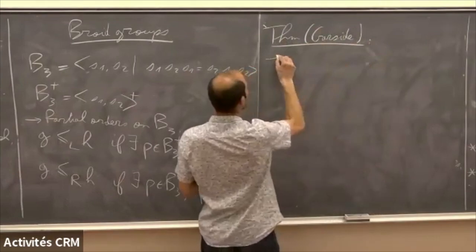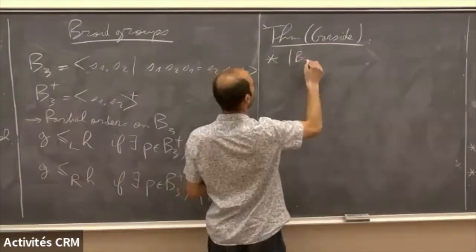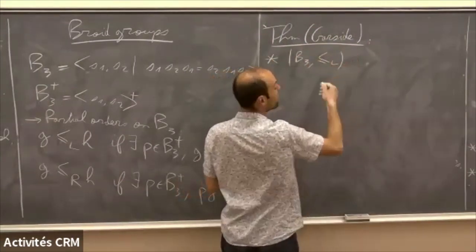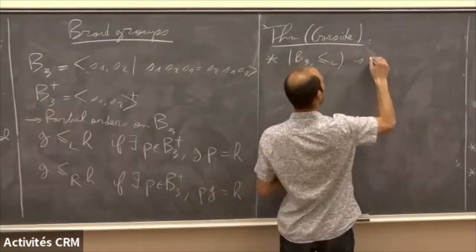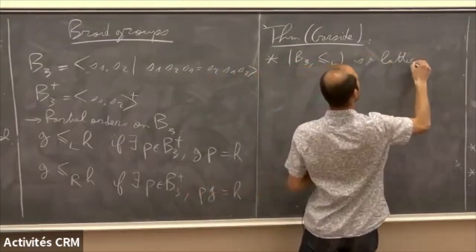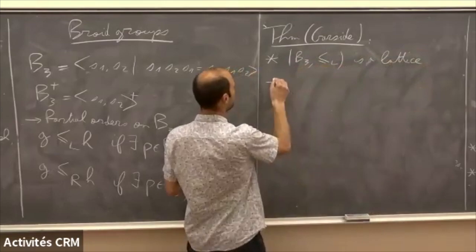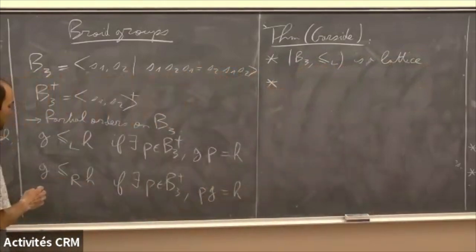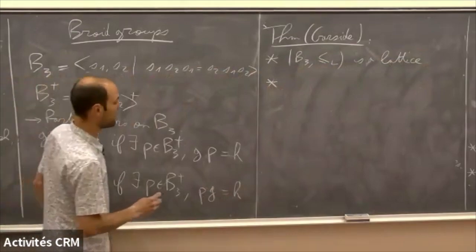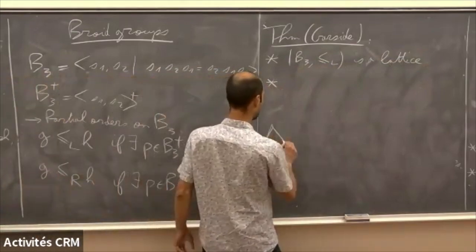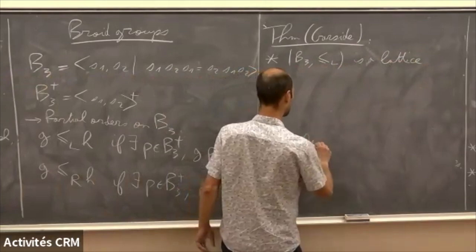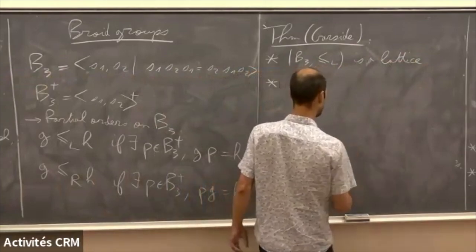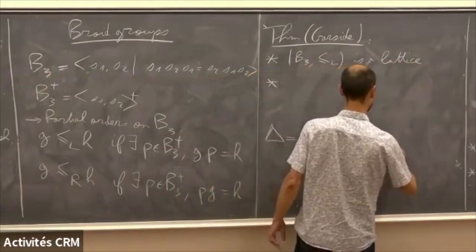So the first one is that B3 with either order, say the left order, is a lattice. And the second one is that I need another element, which is delta, which is S1, S2, S1, the Garside element.